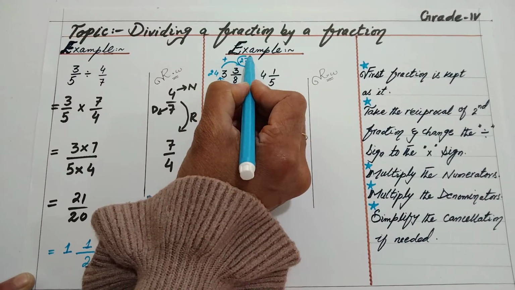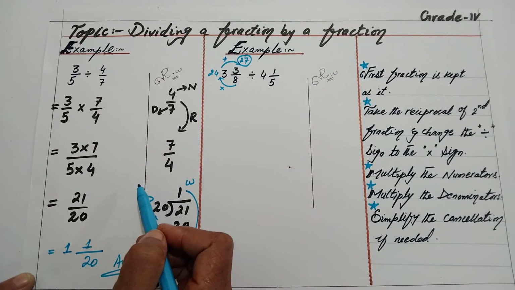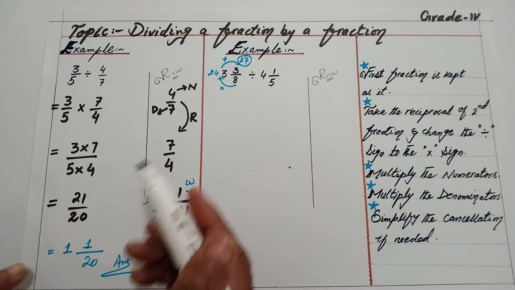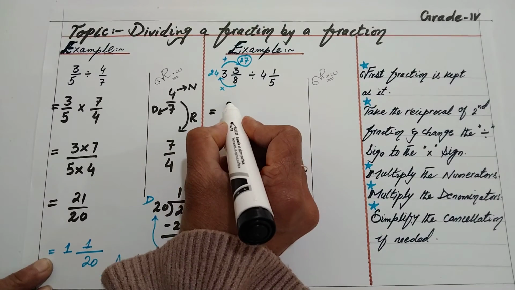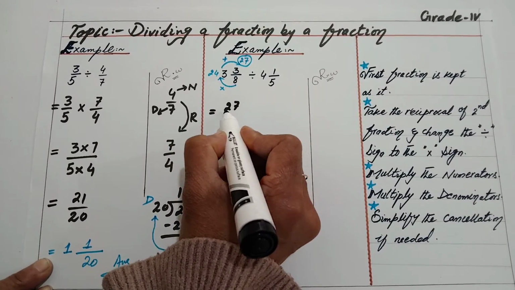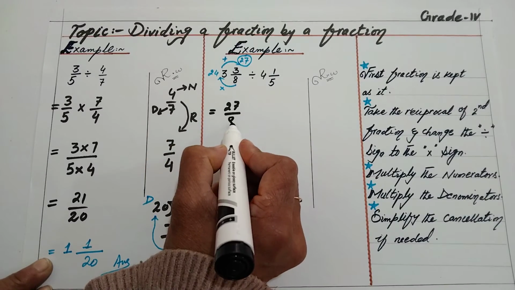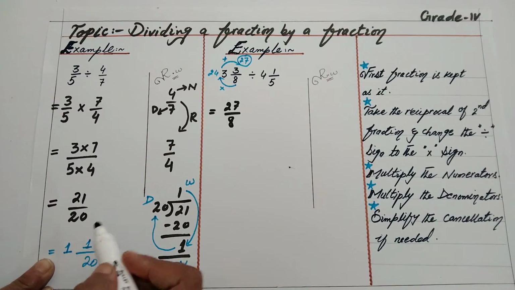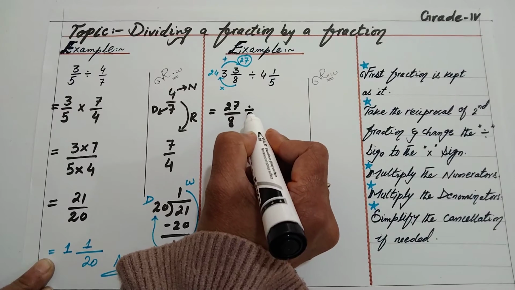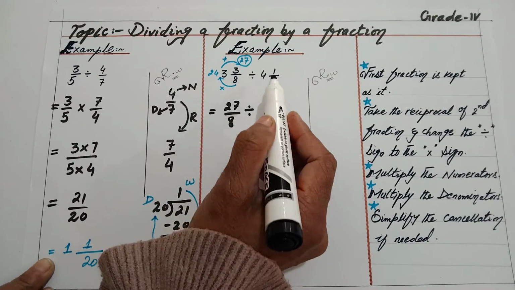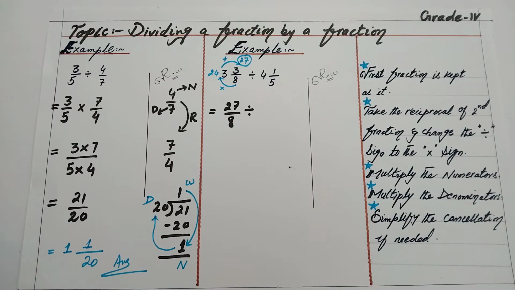So 27 will be our new numerator. So what will be the fraction? 27 over 8. 27 over 8 divided by, now we will convert this mixed fraction.